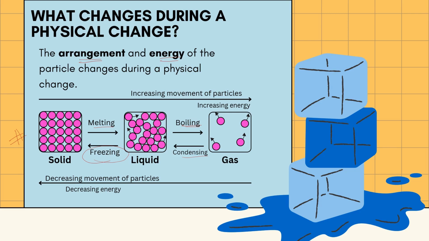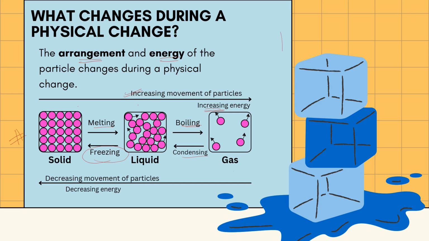What happens when we move from solid to liquid to gas? Increased movement of particles. Particles are more easy to move and energy increases. Similarly, if we go backwards, that is from gas we move to liquid and then from liquid to solid, there is decreasing movement of particles and hence the energy decreases.